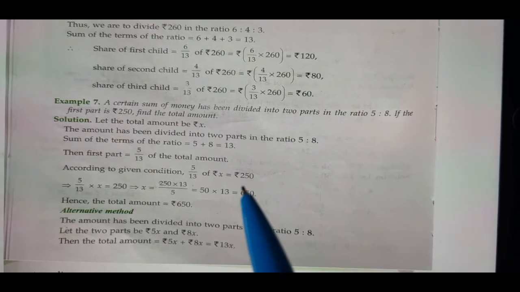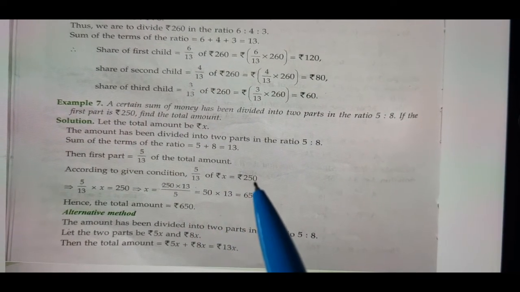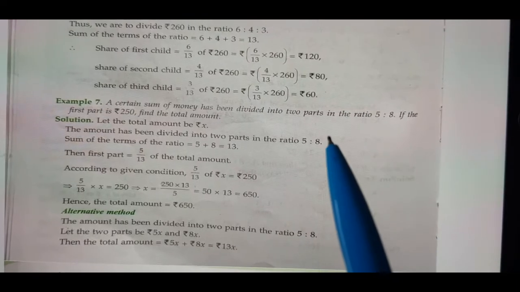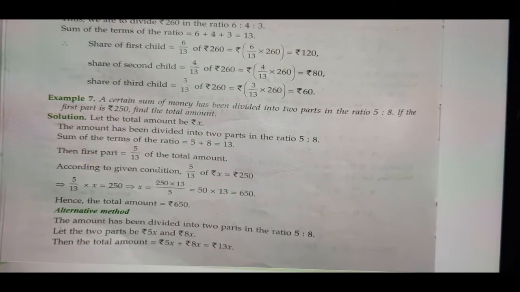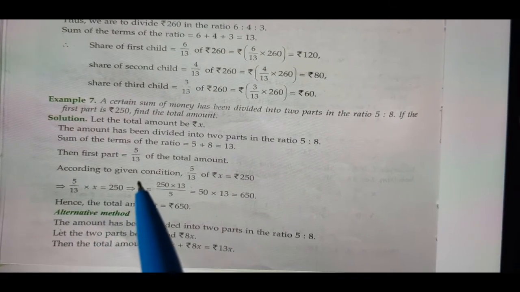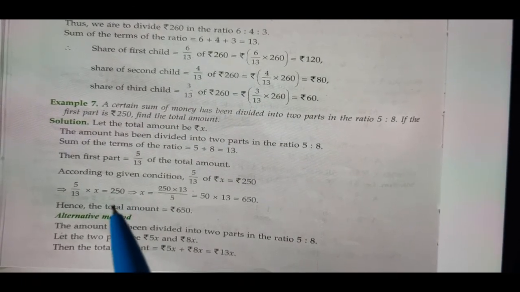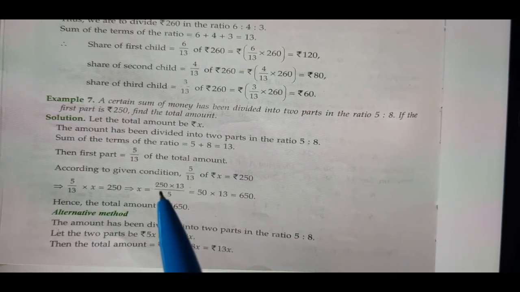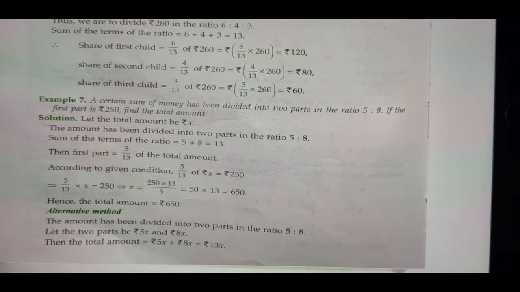If the value of the second part would have been given, then 8 upon 13 of x is equal to whatever the value is. So here 5 upon 13 of x is equal to 250. 13 will go up to this side with 250, multiplied, and 5 will come down. 5 50s are 250, 13 into 50 is 650. So the total amount is 650.